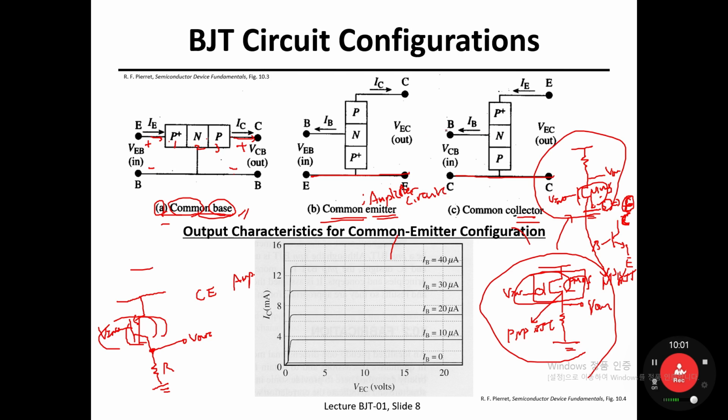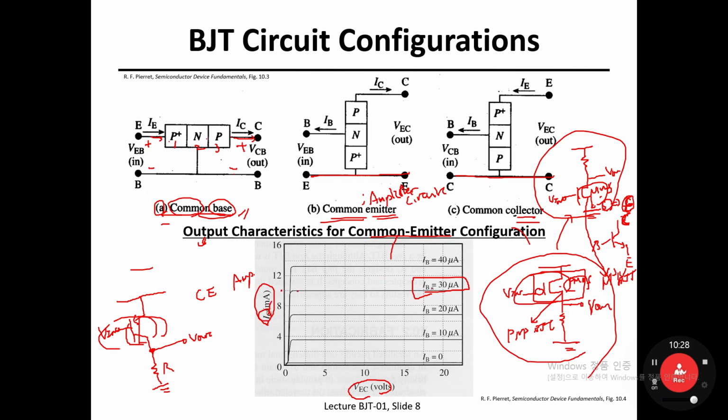On the bottom side, I have brought the output characteristics of the common emitter configuration. Output characteristic means output voltage versus output current. Take a look at the curve for a given input current, or base current: how much output current, I mean the collector current, can be observed.